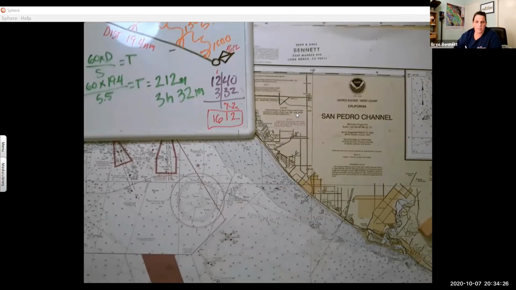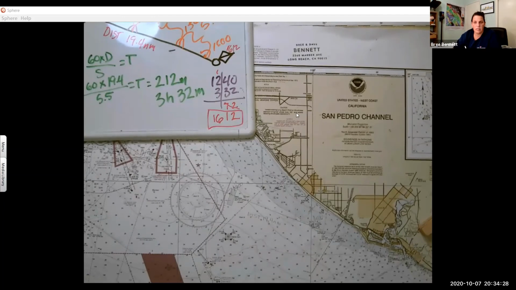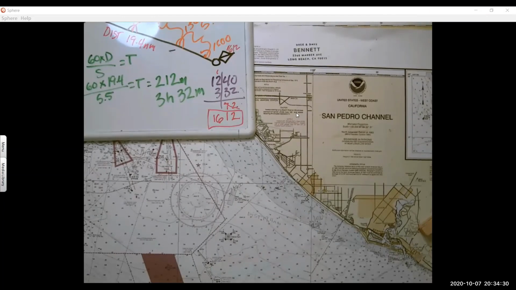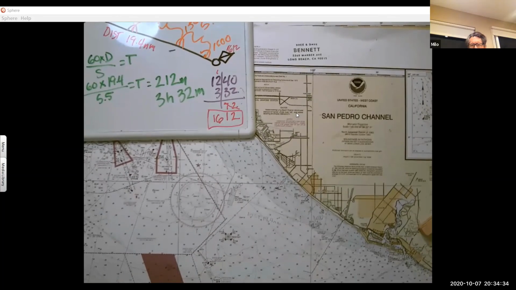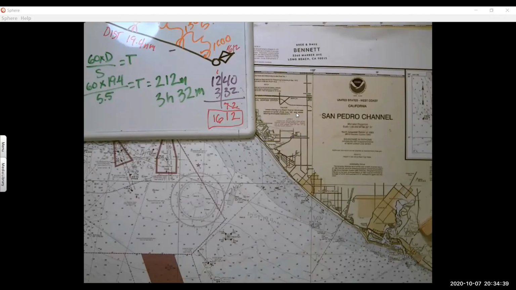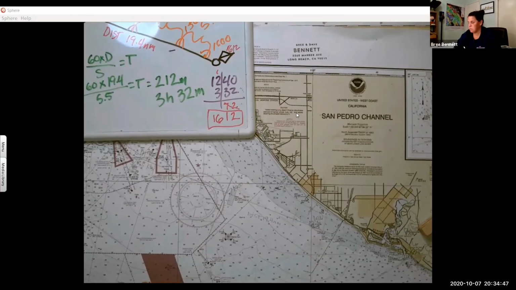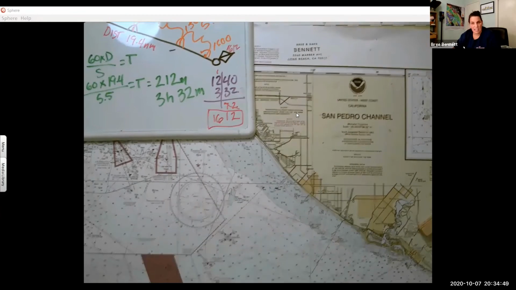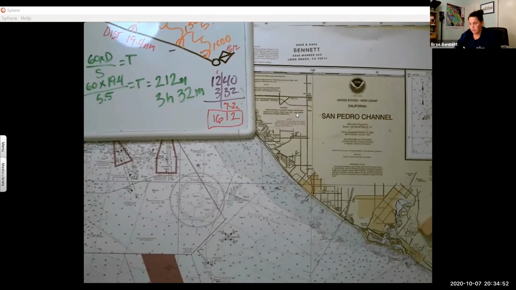What's the typical draft of a sailboat? Anybody know? 4 to 6 feet, 6 feet. Okay, pretty shallow. So 8 fathoms is not going to be a worry for you.